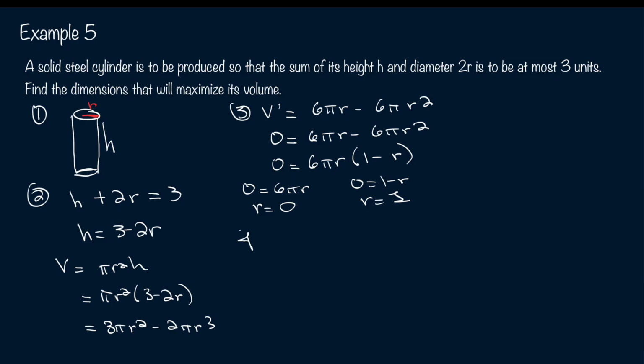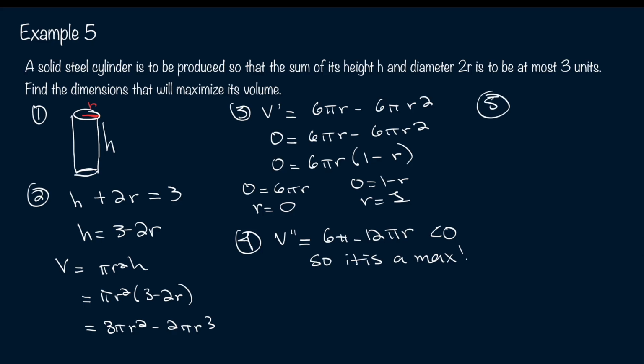But first, we just want to double check and make sure that we have a max. So we do our second derivative test, which is equal to 6 pi minus 12 pi r, which is going to be less than 0. So it is a max. Yay!